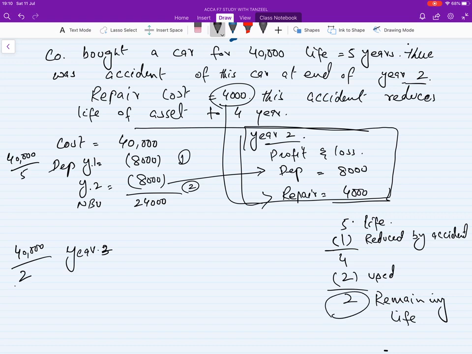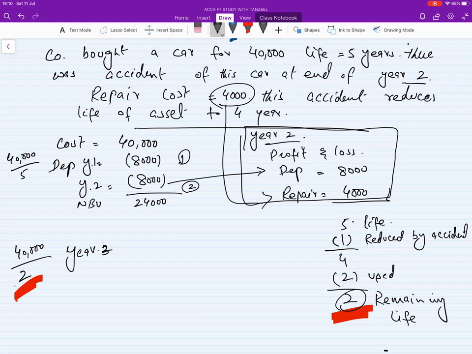So divided by 2. I can highlight this. Okay, so remaining life is 2.